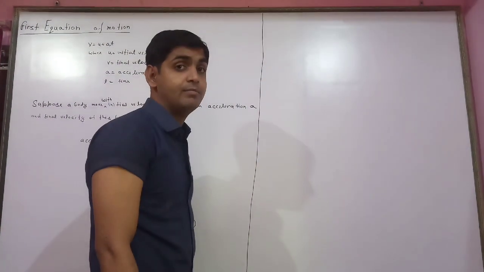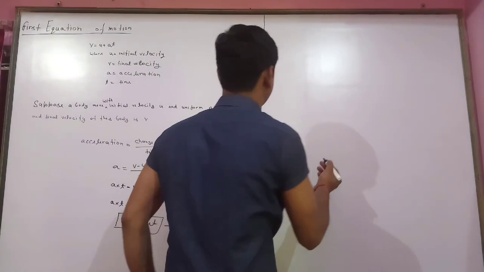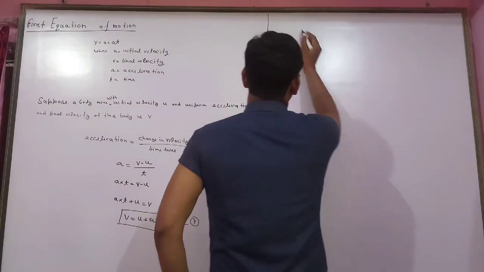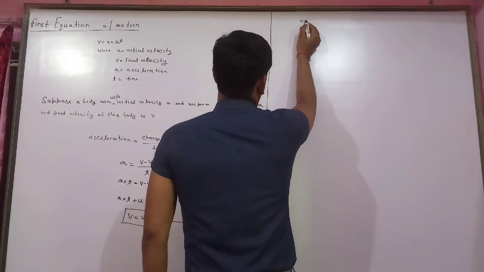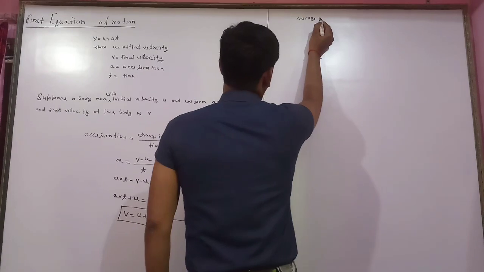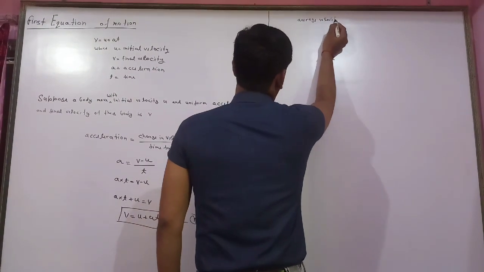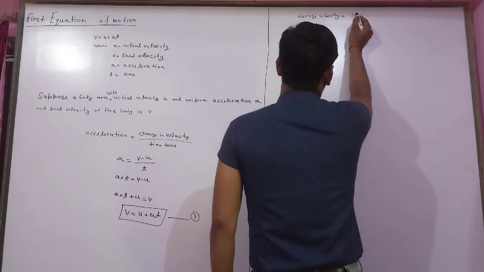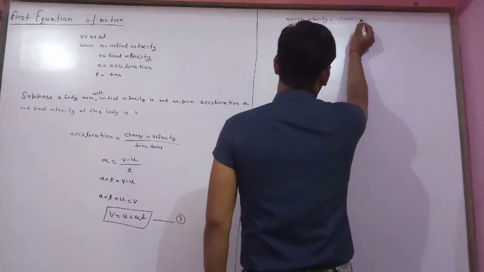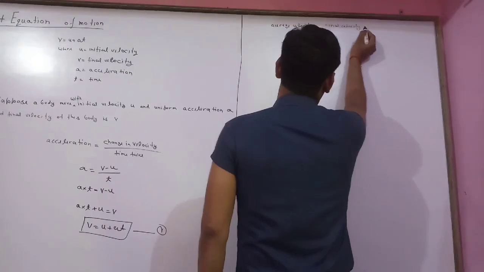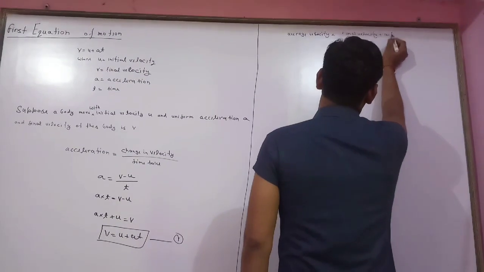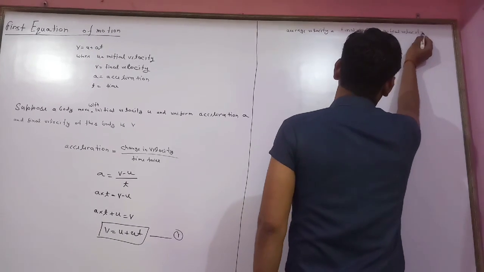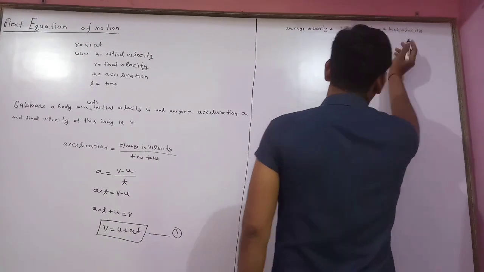We use the average formula: average velocity is equal to final velocity plus initial velocity upon 2.